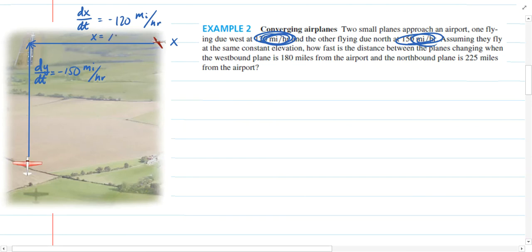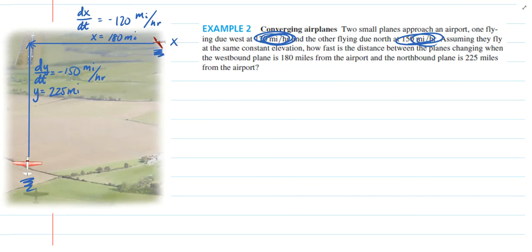So the x distance is 180 miles. This airplane apparently is 180 miles from the airport. The y distance is 225 miles because this airplane is 225 miles from the airport. What we're interested in is the distance between the two.